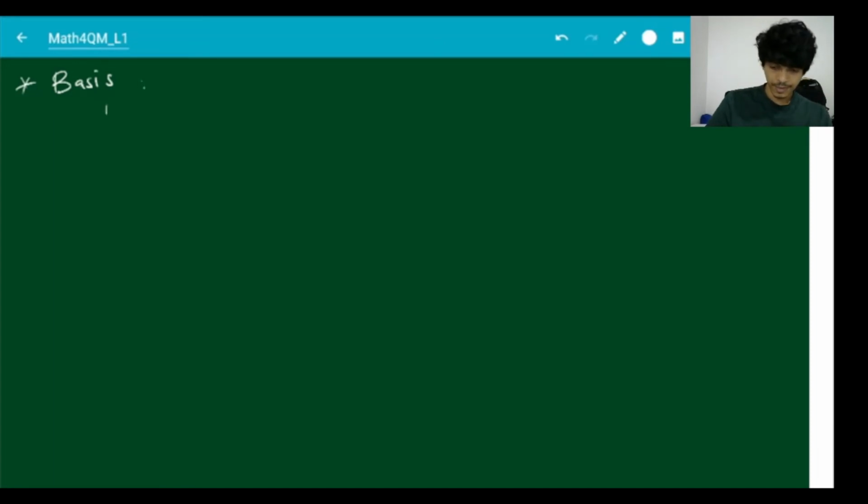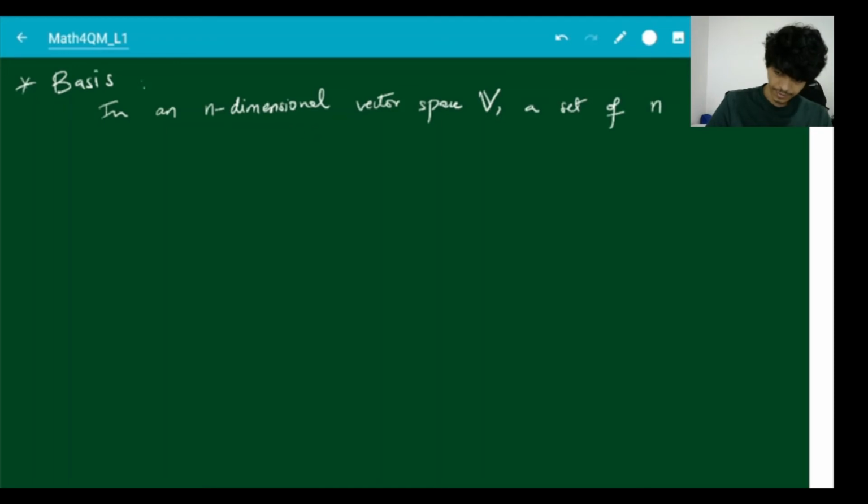In an n-dimensional vector space V, any set of n linearly independent vectors is called a basis.